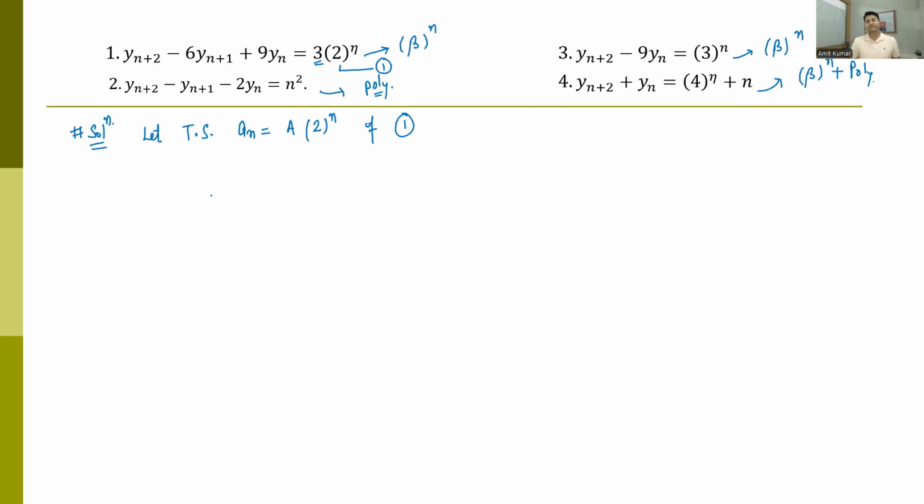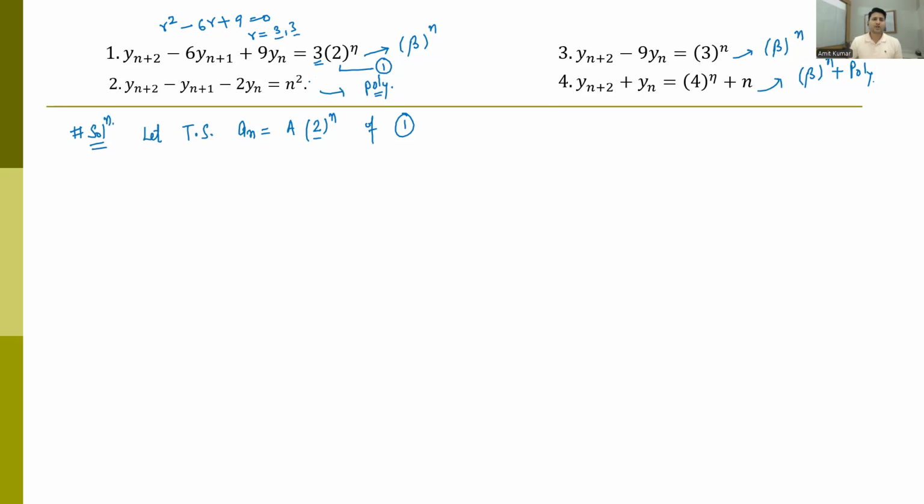One more point we need to take care of: beta should not be a root of the homogeneous equation. Here beta is 2. The homogeneous equation is r square minus 6r plus 9, and the root comes out as 3, 3 because it is r minus 3 whole square.